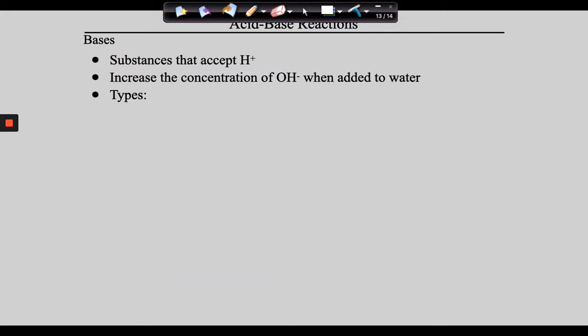So let's bring to bear the things that we know. Guys, metal hydroxides are bases. If that metal is a group 1 or group 2, heavy group 2 metal, these are the strong bases.